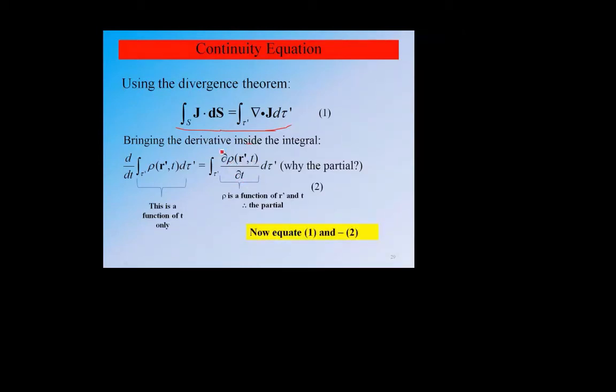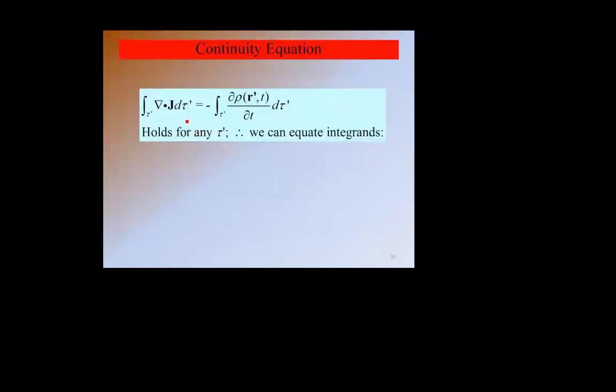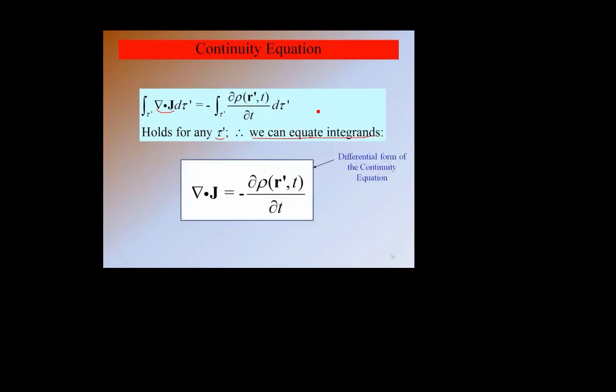We equate the two sides here, so we equate the divergence term and this term here, and we end up with the volume integral of del dot j equaling minus the volume integral of this quantity here. This holds for any tau prime. So what that means is we can equate the integrands. We equate the divergence of j as equaling minus the change in the charge density with respect to time. And this is called the differential form of the continuity equation.